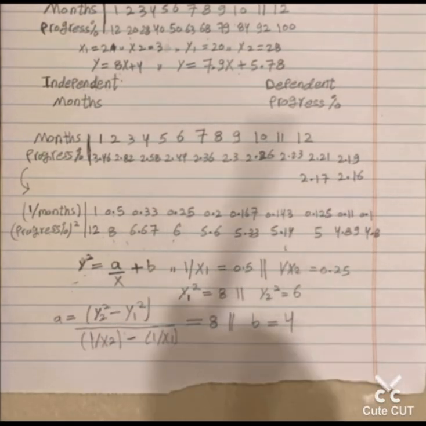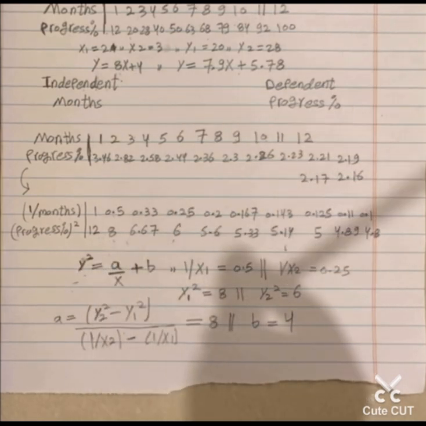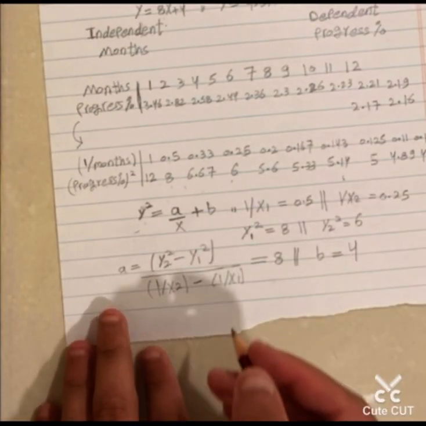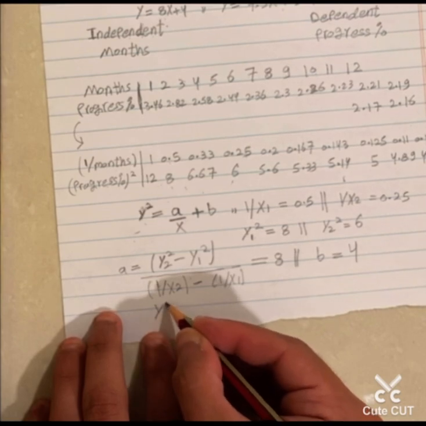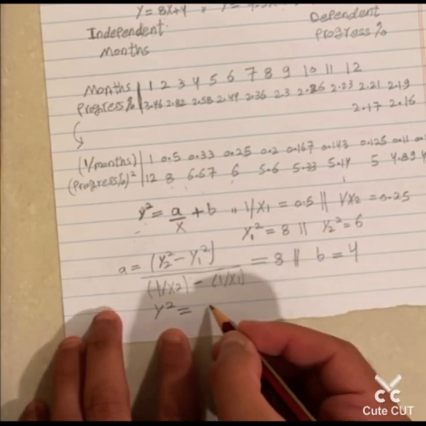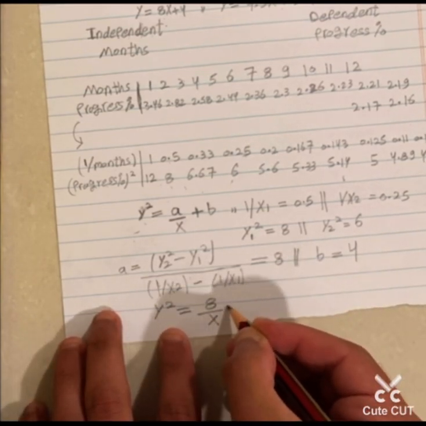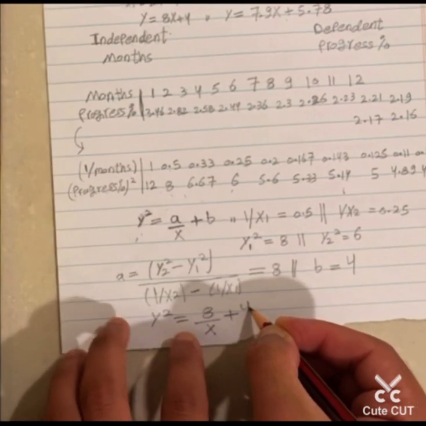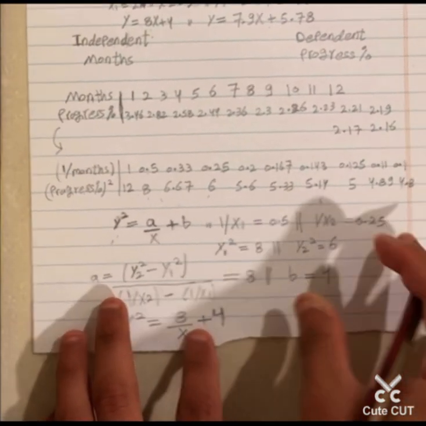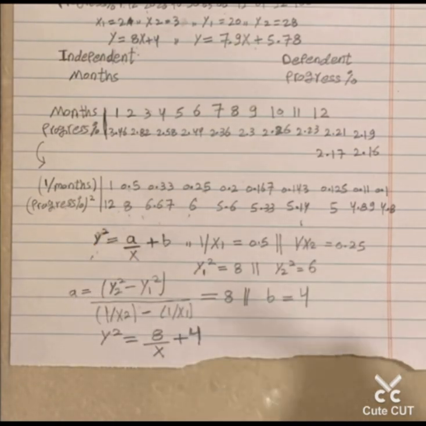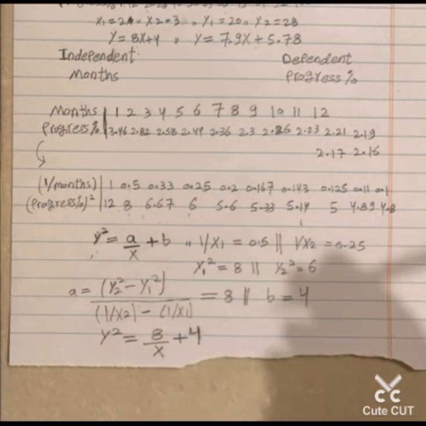The equation y squared equals a over x plus b now becomes y squared equals 8 over x plus 4. y versus x is not linear, but y squared versus 1 over x is linear.